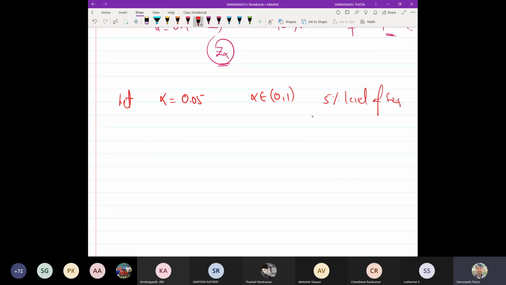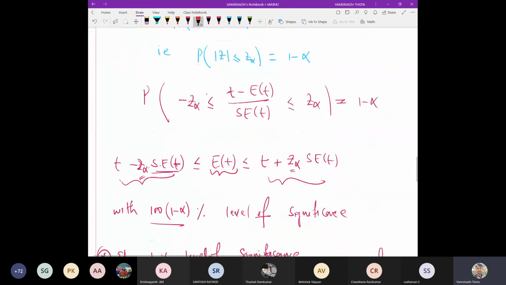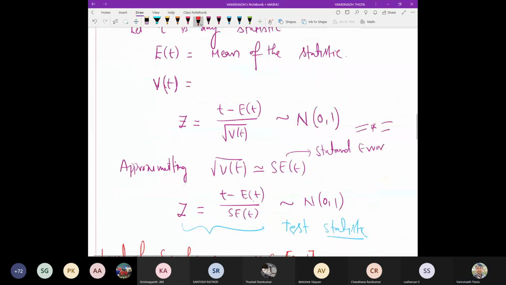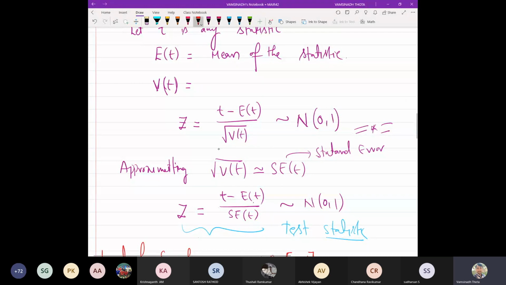So how do we evaluate this? It depends on the test statistic, which we have mentioned now, and on which distribution it follows. For example, in many cases the test statistic generally follows the standard normal distribution.